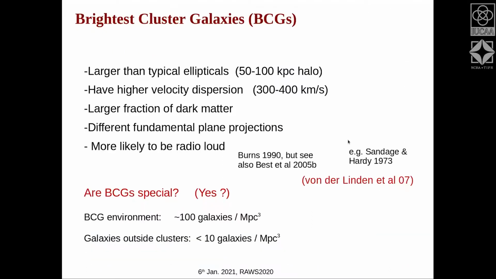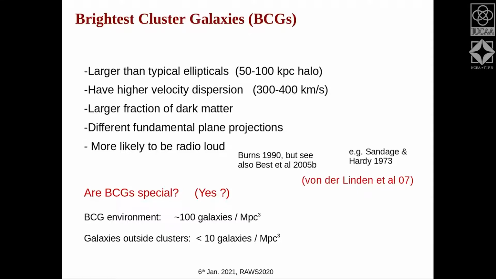These brightest cluster galaxies are really large. They are larger than even typical elliptical galaxies, with sizes of 5 to 100 kiloparsec, including their halos. They have very high velocity dispersion. The galaxy itself is nearly at rest because it is at the deepest point in the gravitational potential, but the stellar velocity dispersion can be quite high.